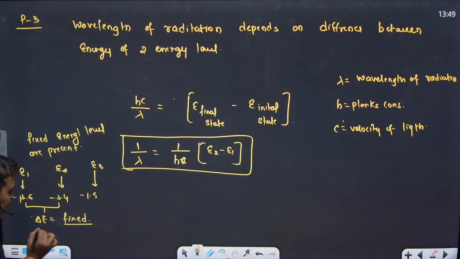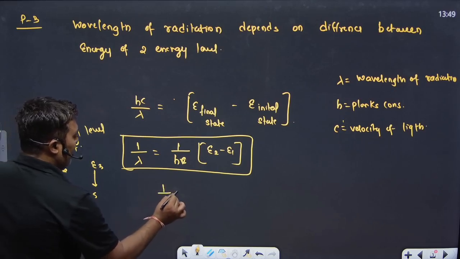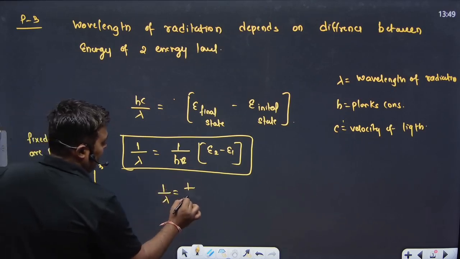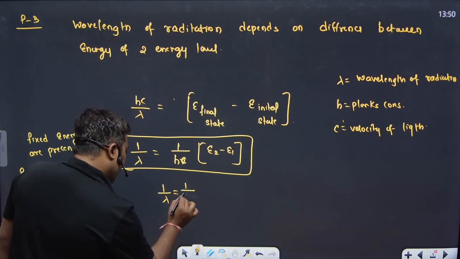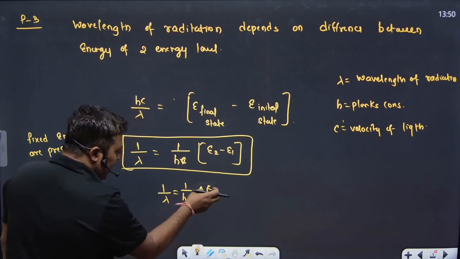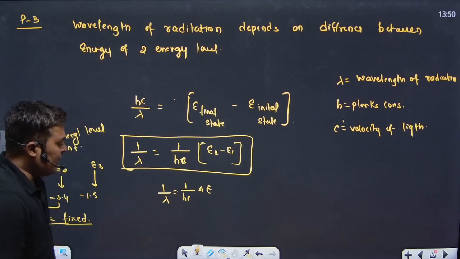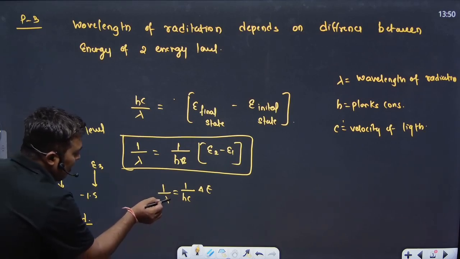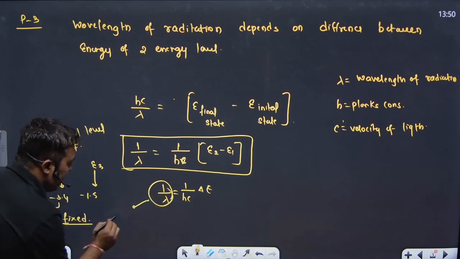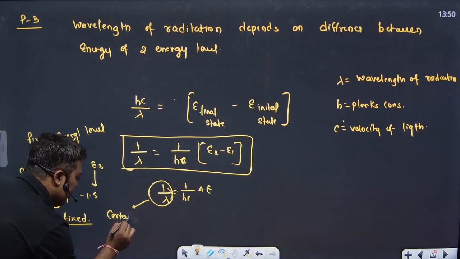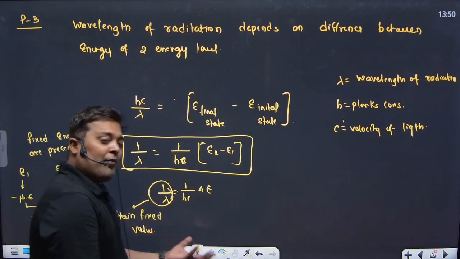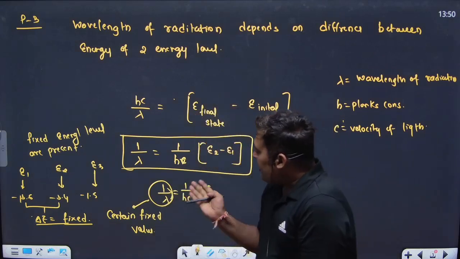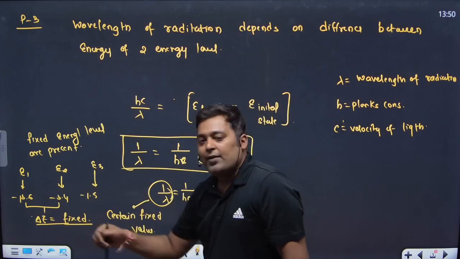If we put it into this formula, we have 1 upon lambda equal to 1 upon hc times delta E. If delta E is fixed and h and c are constants, it means that the value of lambda is also going to be a certain fixed value. Why is it fixed?